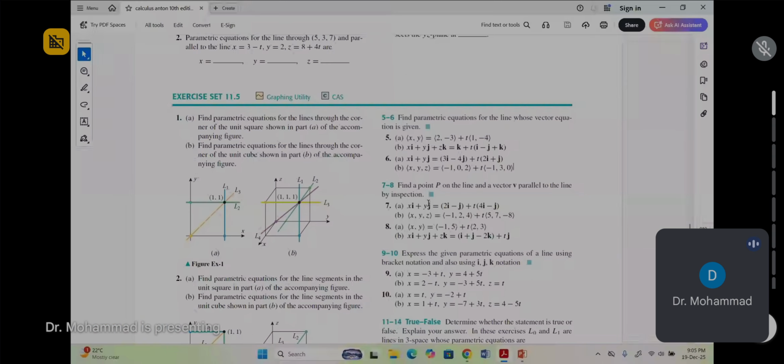So now we can go to problem number 7 and 8. Look at problem number 7 and 8. We need to find a point P on the line and a vector v that is parallel to the line by inspection.